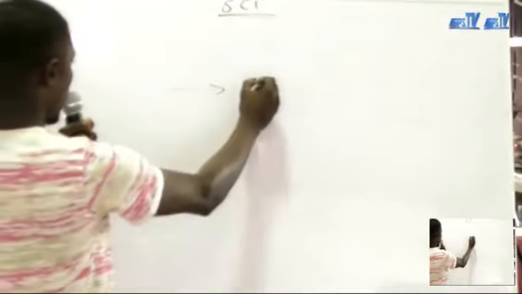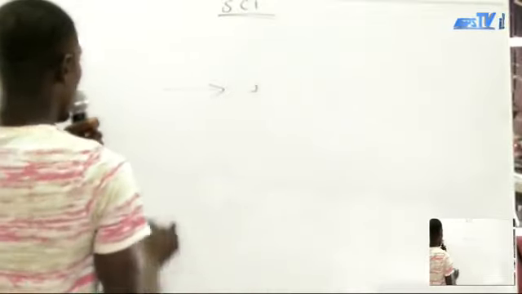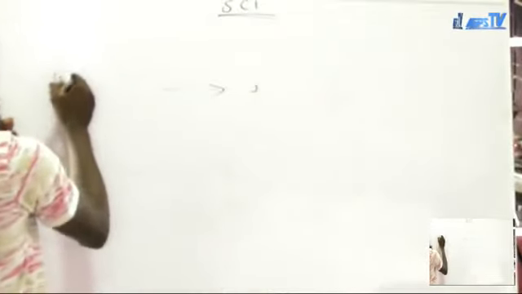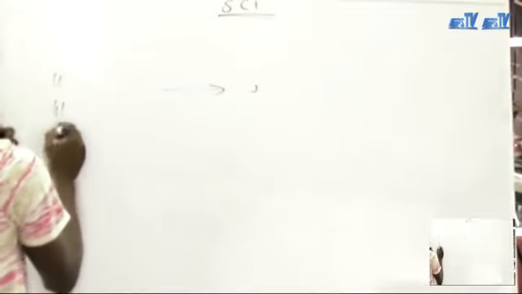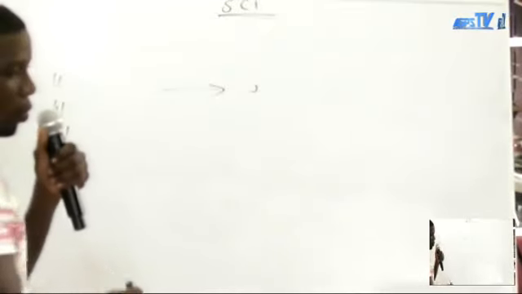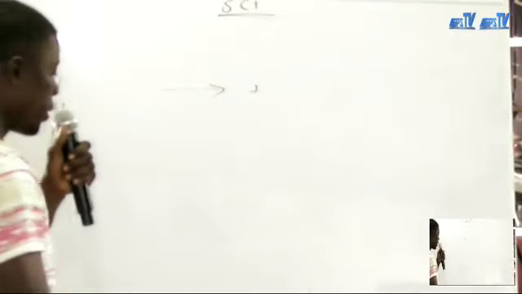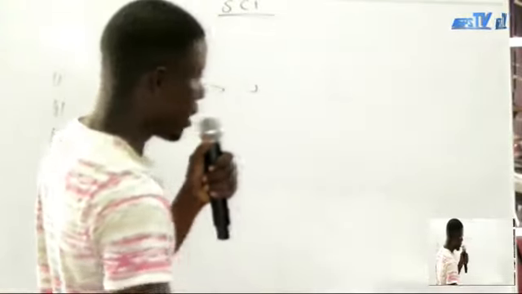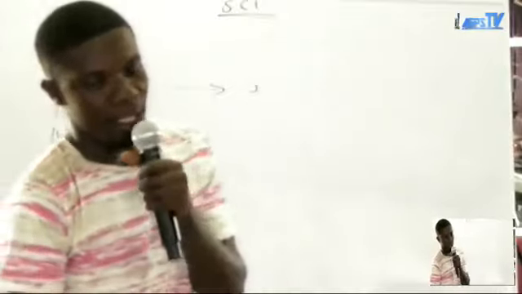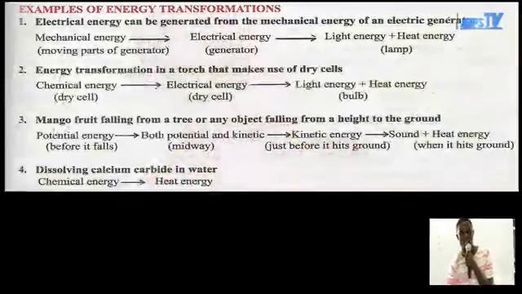If you bring comma like this, you are wrong. If you list them like this too, you are wrong. So you just take your time. If you put dry cell in a torchlight, the first energy transformation is what? The first energy is chemical energy.